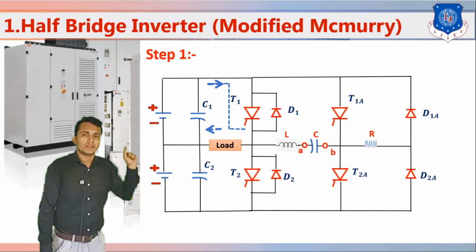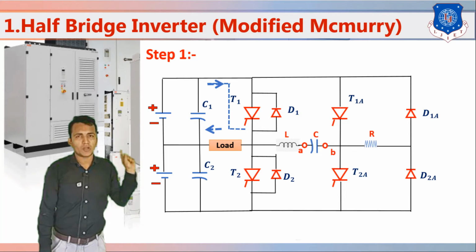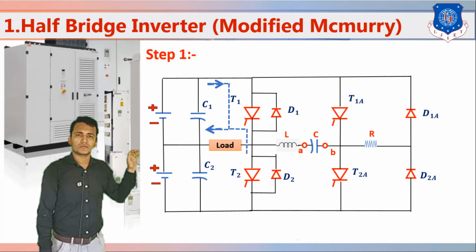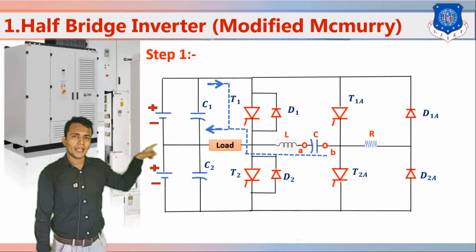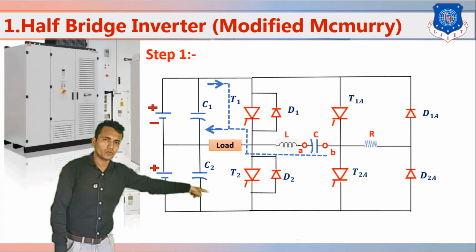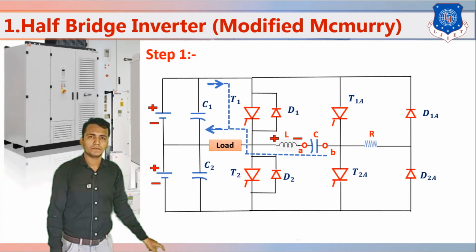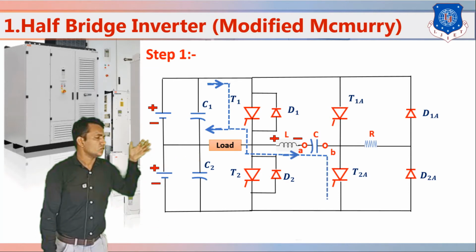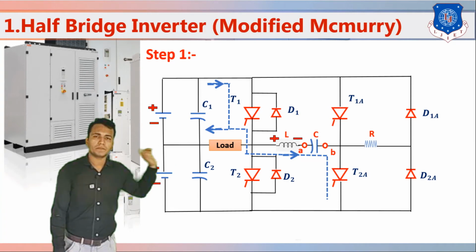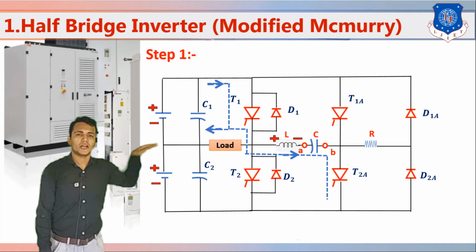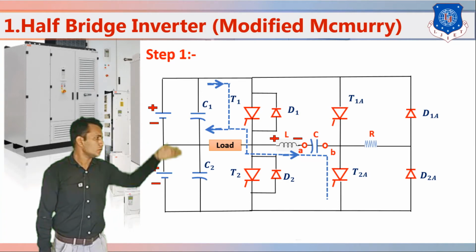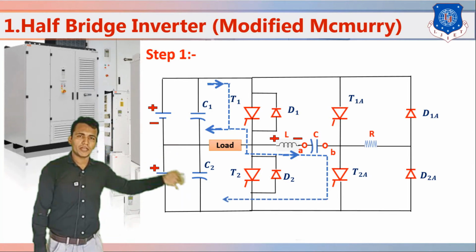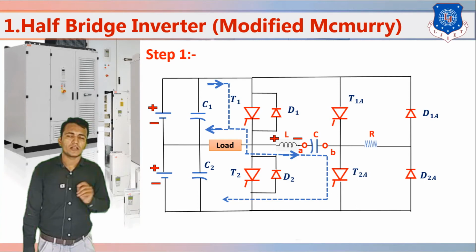And also here the thyristor T1 will be on. Now some current will go through the inductor, and the thyristor T2A is on. You can see the current will flow. The inductor has the polarity plus and minus, and the current will flow in this direction to the T2A thyristor, which will be on, and the remaining current will flow this way.